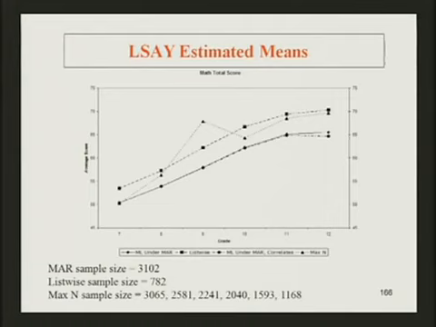So the sample size is going to vary, 3,000, 2,000, 2,200, etc. over the different grades. That's the maximum available people at any given time point, right? So that bounces up high here, and then down, and then hovering around the listwise deletion line.